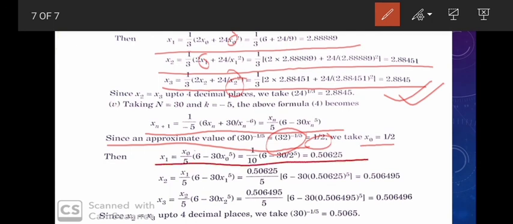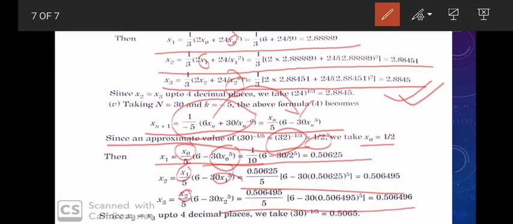Now to find x1, first you have to solve this equation and express the whole equation in terms of this, and after that you can substitute the values of x naught, x1, then for x2, all these values have to be substituted here to get the answer.